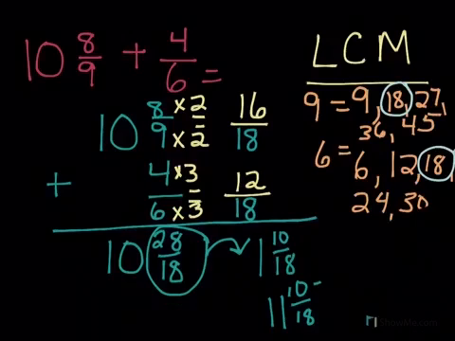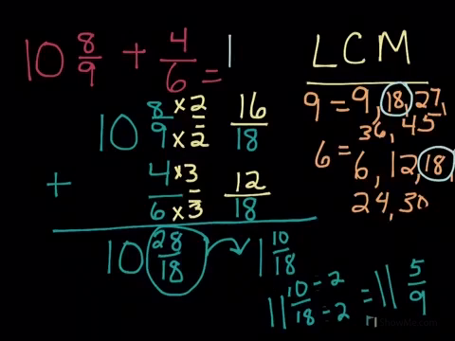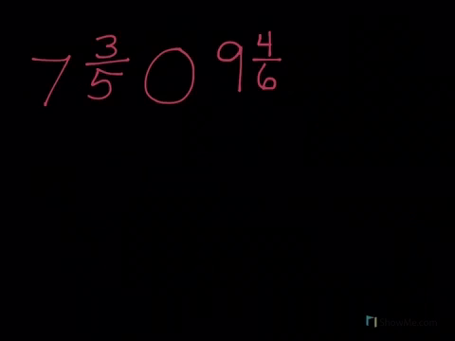So I'm going to divide by 2, which is going to give me 5/9. And then I just bring my whole number over to my answer. So my final answer is 11 and 5/9.